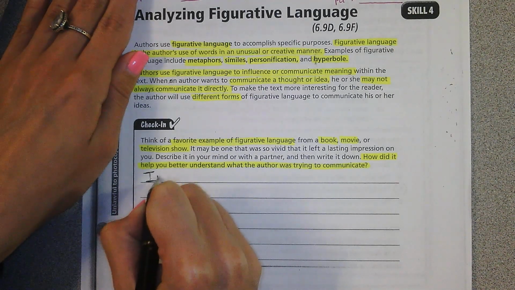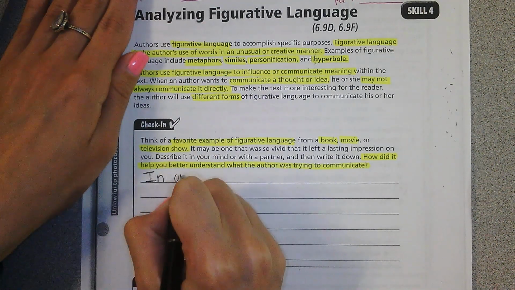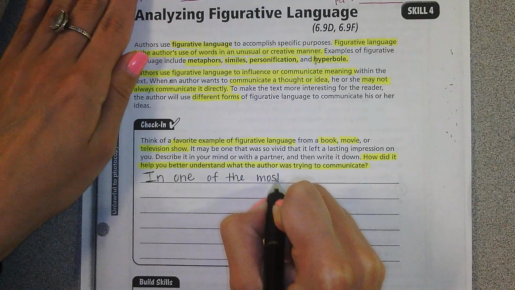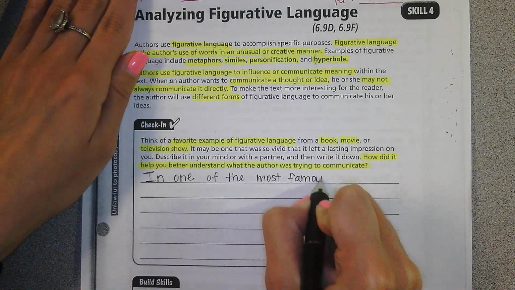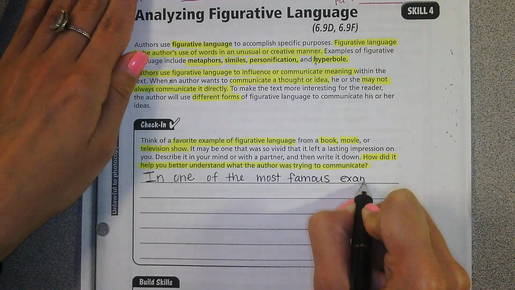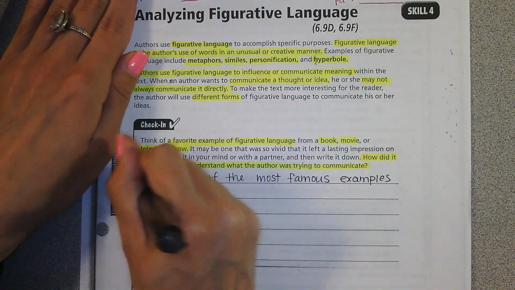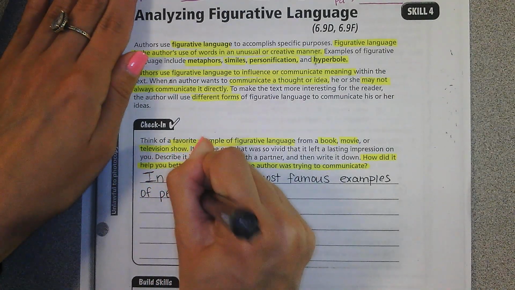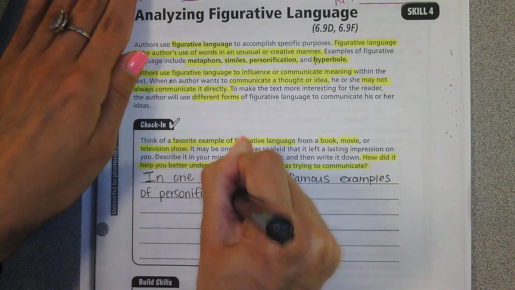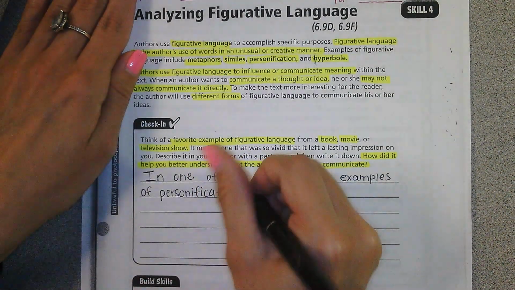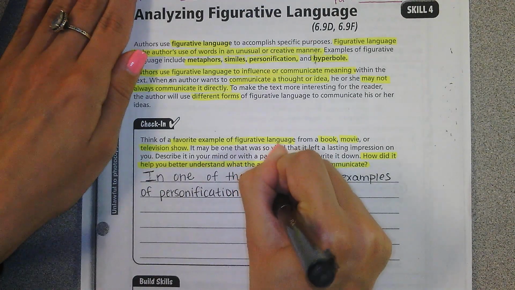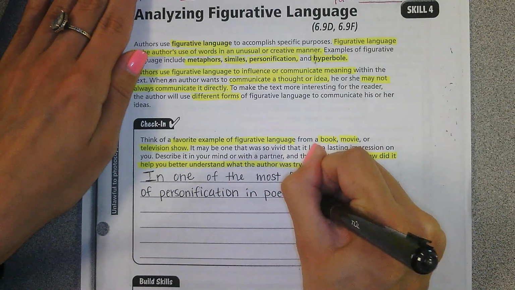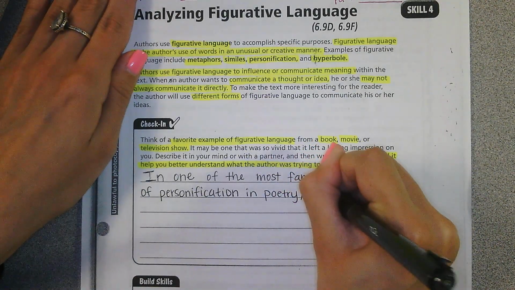So I'm going to put in one of the most famous examples of personification in poetry, comma, I'm going to write my artist or my poet, Emily Dickinson.